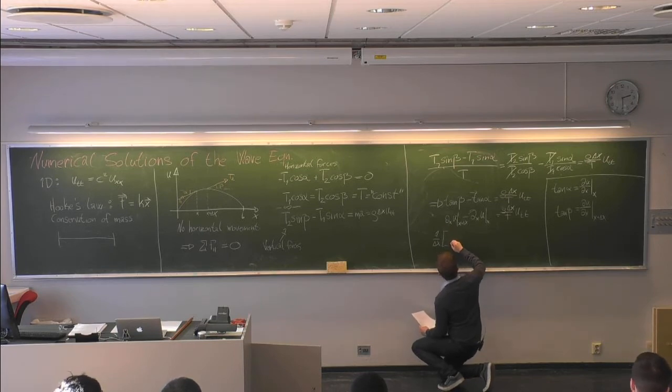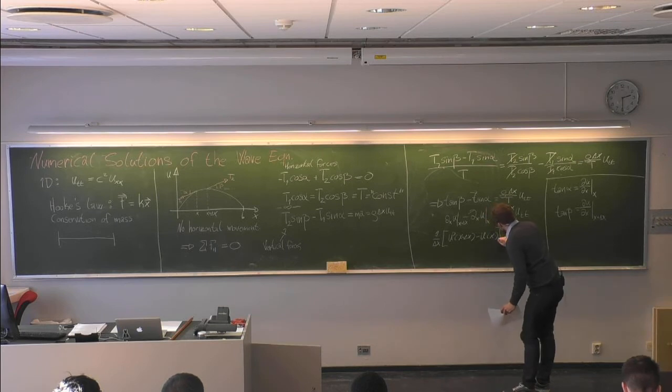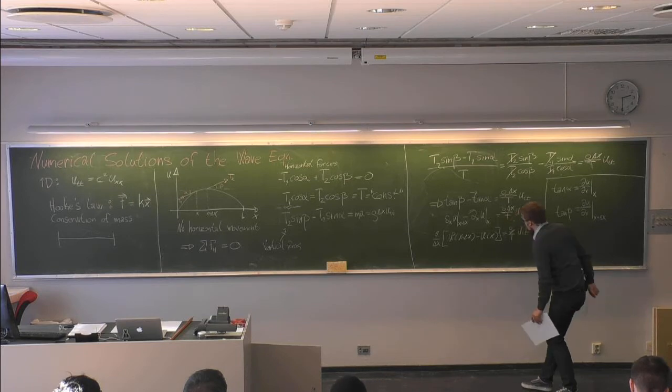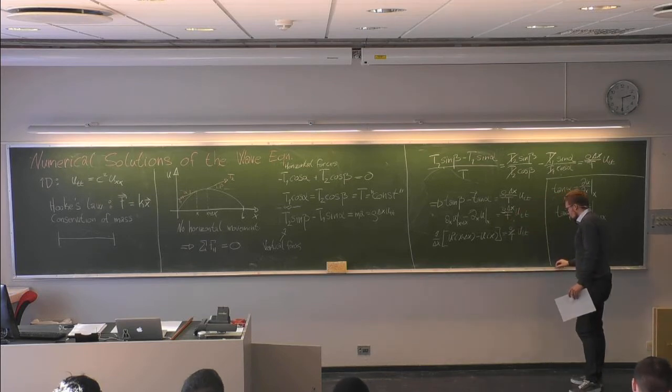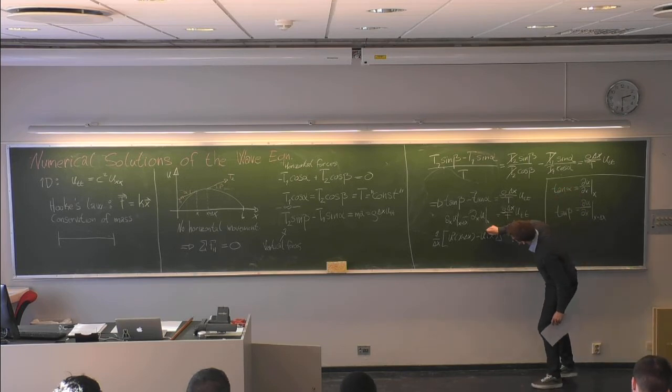So this will be basically u derived at the point x plus delta x minus u at x equals rho over T u_tt. And this is going to be the derivative as well.